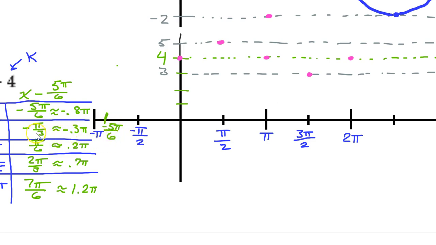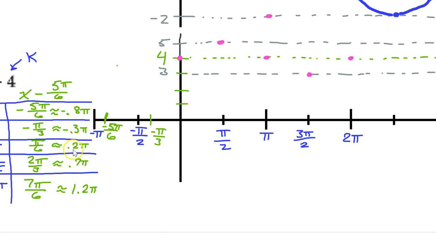Okay, and then our negative pi over 3, that's negative 0.3 pi. Now this is negative 1/2 pi, so that's negative 0.5, if you will. So negative 0.3 is going to be a little bit less than that, so that would be about here. So let's call this our negative pi over 3.